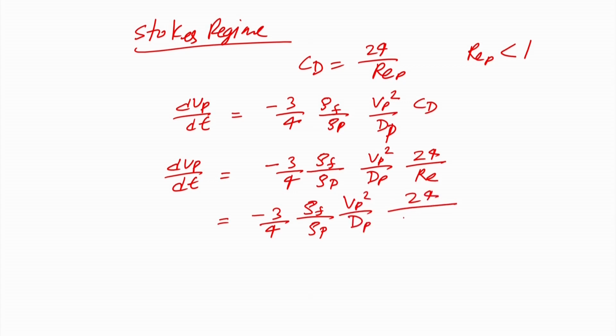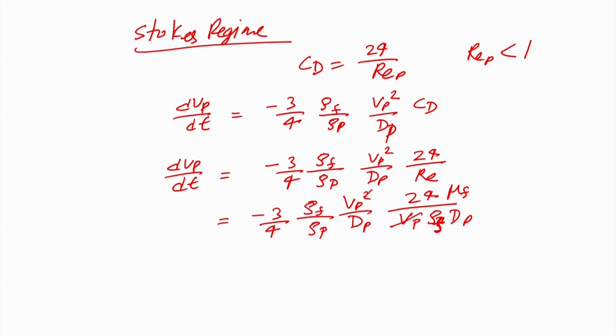Re is nothing but Vp into dp, sorry, it will be rho fluid into mu fluid. Okay, because it is the Reynolds number of the particle, it will be rho of fluid and V over mu of fluid. Now, this is the way we can write it.